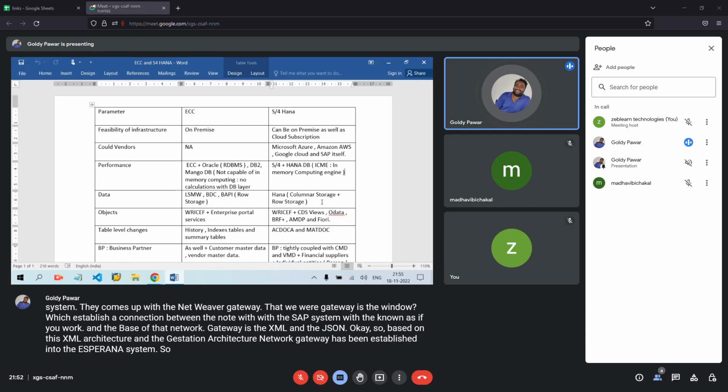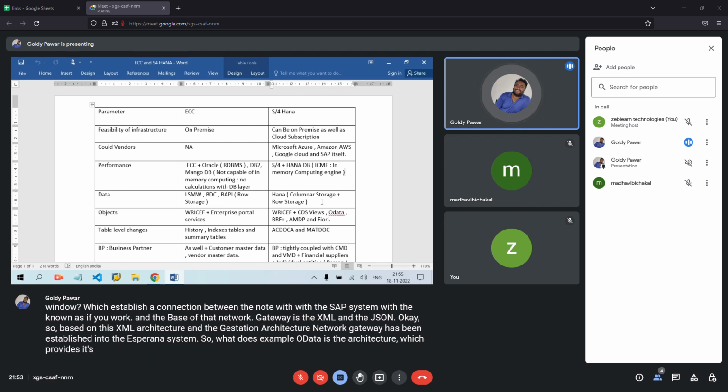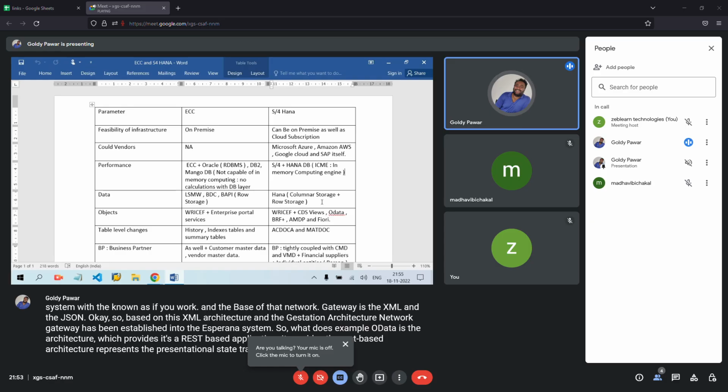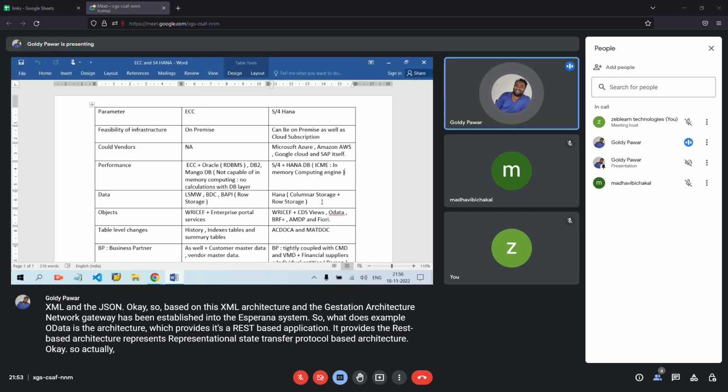So what does OData do? OData is an architecture which provides a REST-based application. REST represents the Representational State Transfer protocol based architecture. So how does REST work? REST has the capability of doing all four operations at a single point of time.